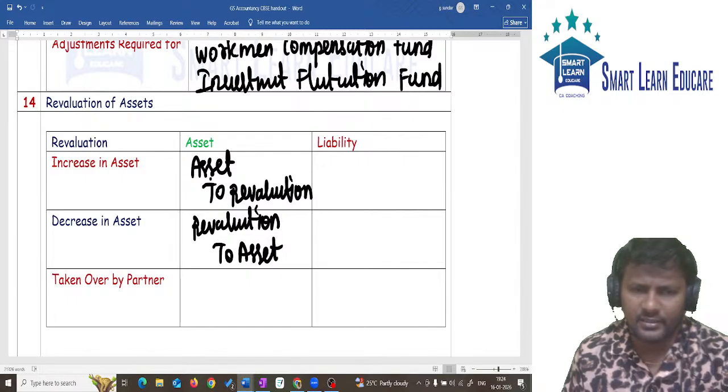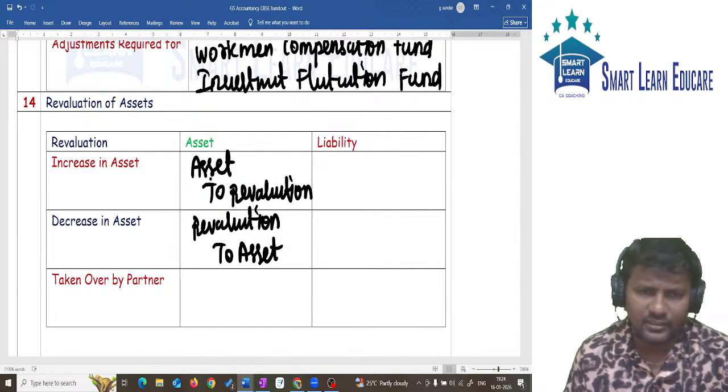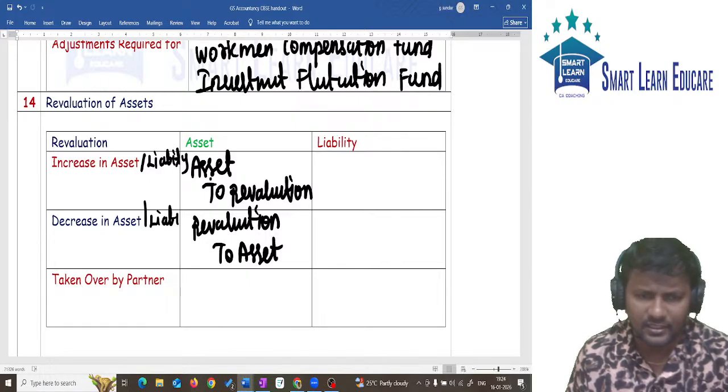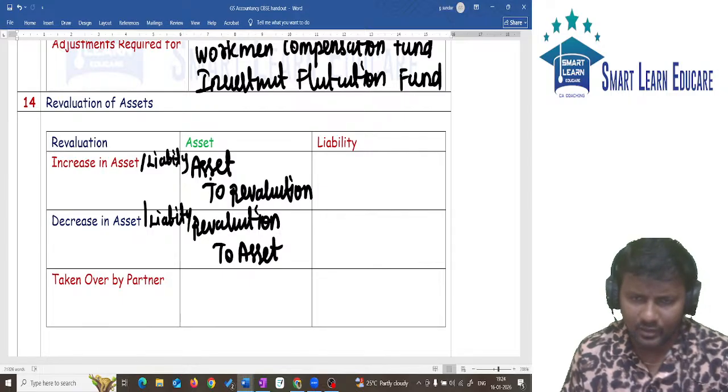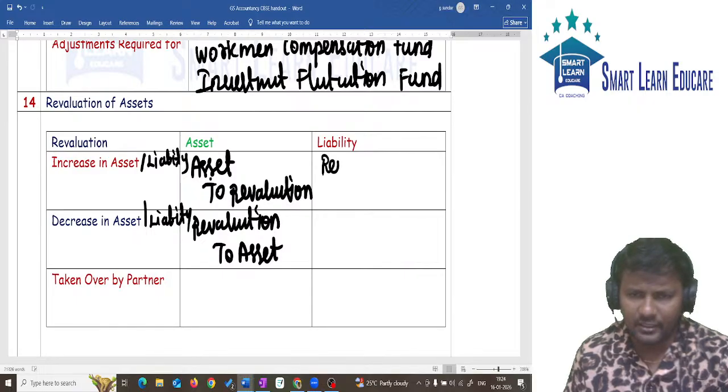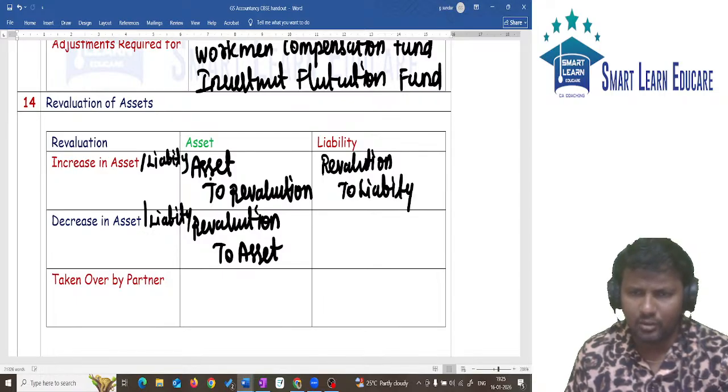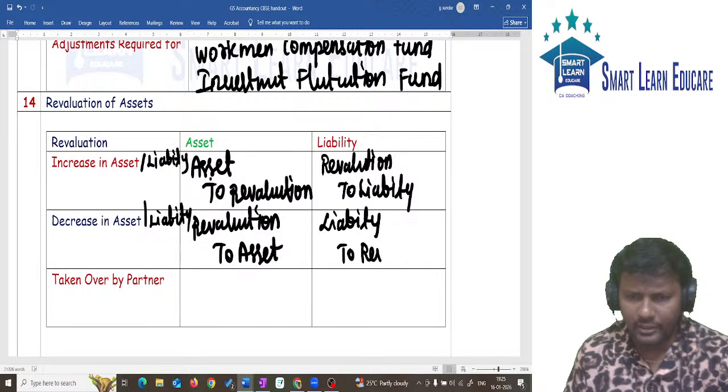Not only asset, increase in asset or liability, and similarly decrease in asset or liability. If liability increases, the liability will have a credit balance, so the entry is revaluation account debit to liability. Decrease in liability: the entry is liability account debit to revaluation.